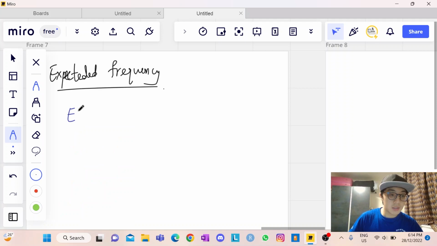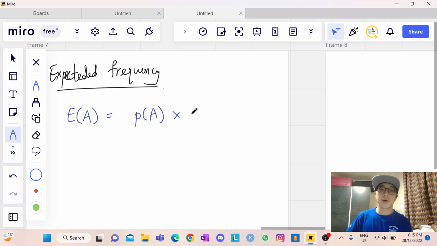The expected frequency of A will be equal to the probability of A multiplied by the sum of the total frequency.